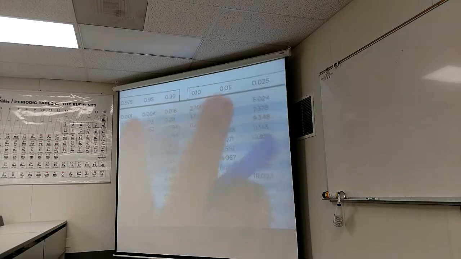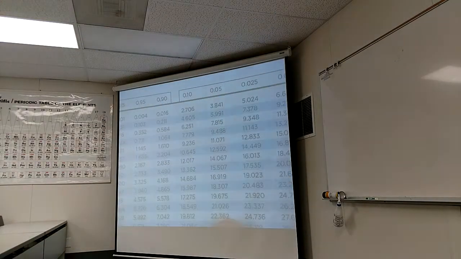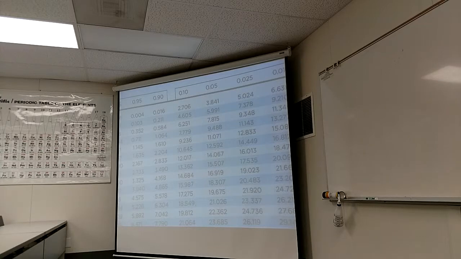Now, real quick, just to point this out, there are these two sides to this, because I could actually do a confidence interval for standard deviation. I could take a sample, get a standard deviation from the sample, and then make a confidence interval for the real standard deviation.